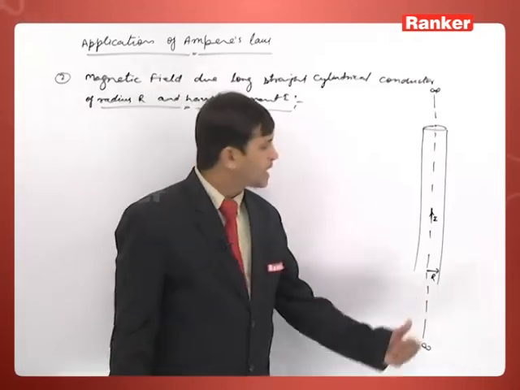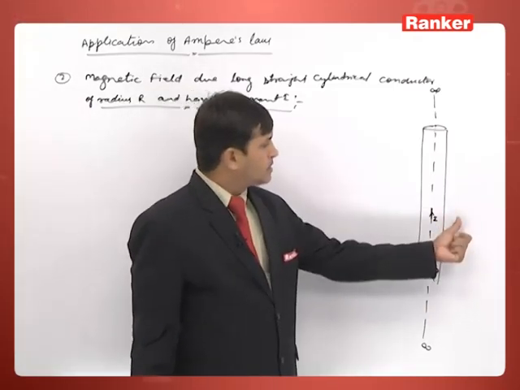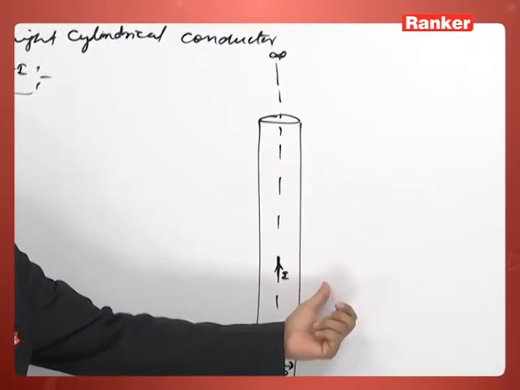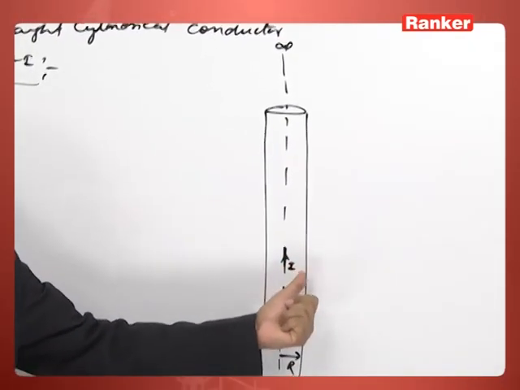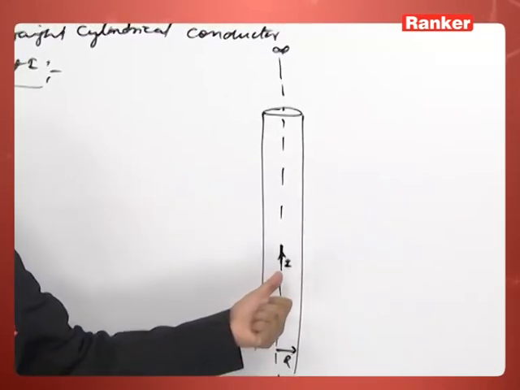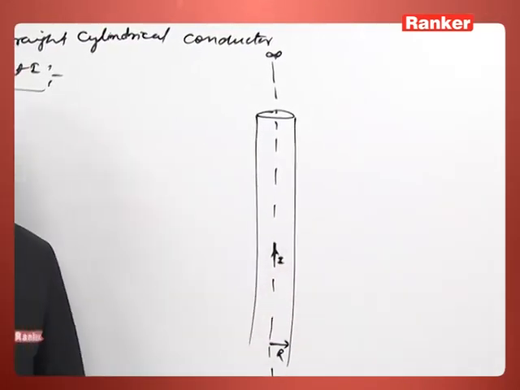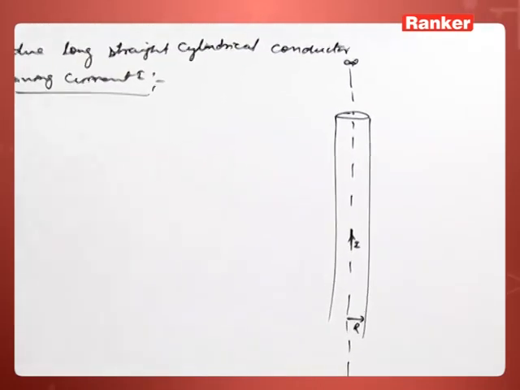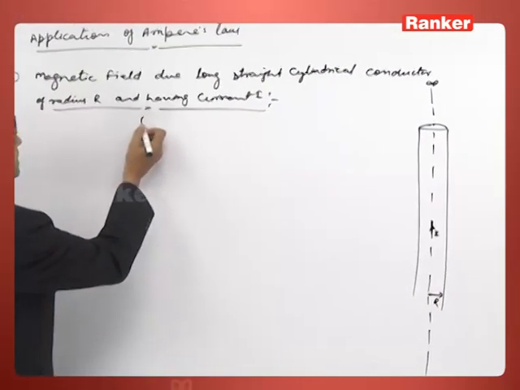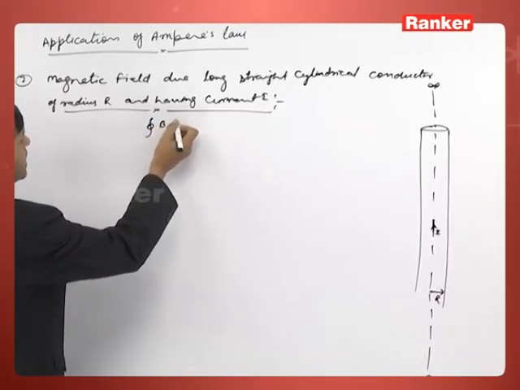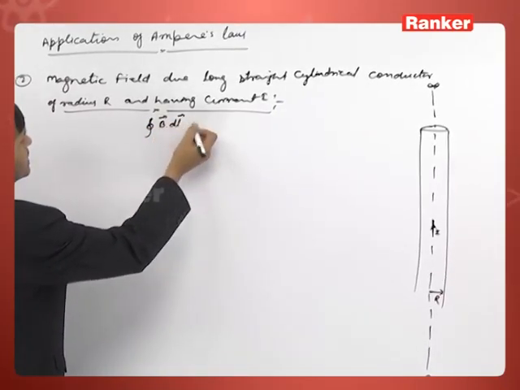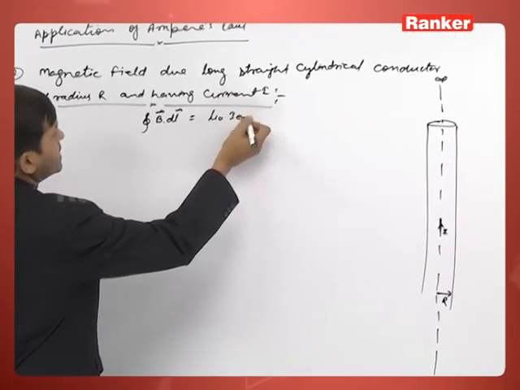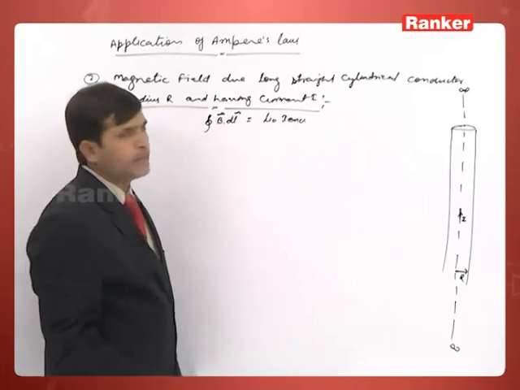Here we have a number of points: either we want to find the field outside, on its surface, or inside. One by one we will find the field at all these points, but our basic aim will remain the same: Ampere's law, B dot dl is mu naught I enclosed.